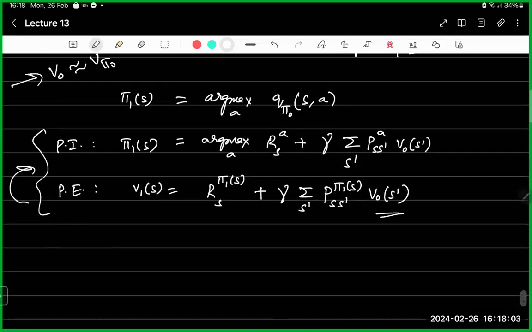Now, if you just look at these two equations carefully, if you apply the first one and immediately apply the second one, what are these two expressions together equivalent to?